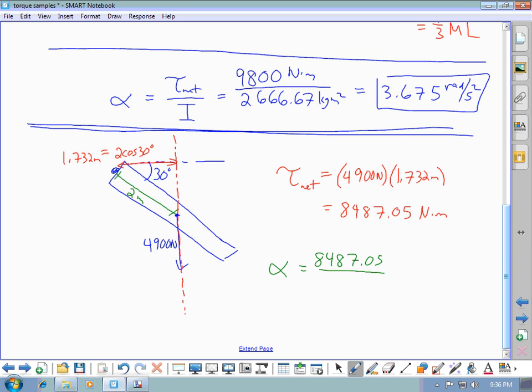That's just based on the shape of the beam, so it's still a third ml squared, and so it's still 2,666.67. And so the angular acceleration has decreased to 3.183 radians per second squared.